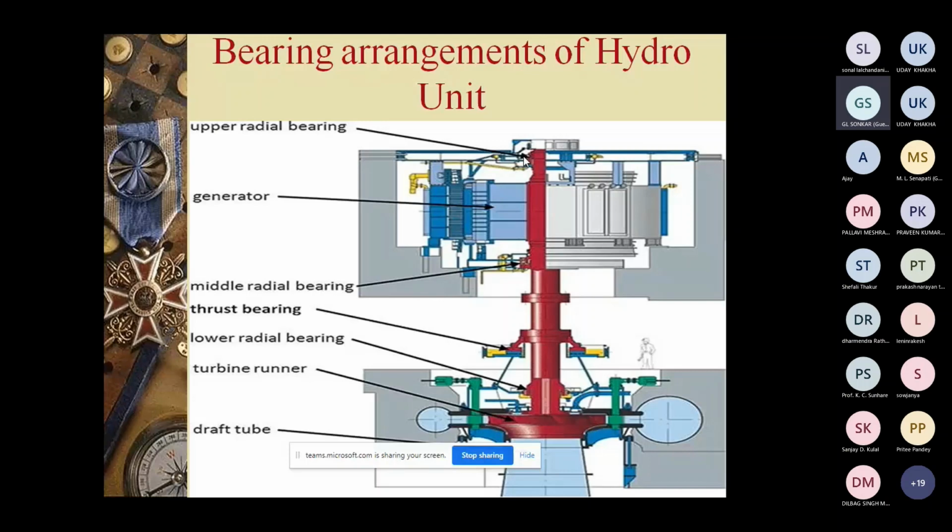You see on my runner, on the periphery, the bearing pads are on the stator. The shaft is connected, and on the periphery of the dish we are putting the pads. These are the adjustable pads.